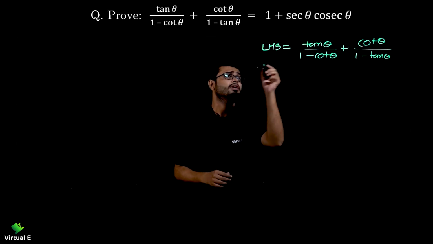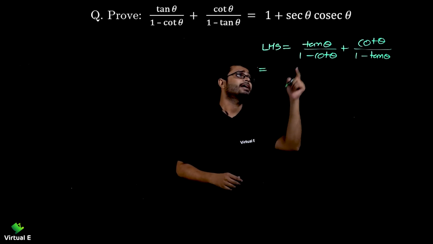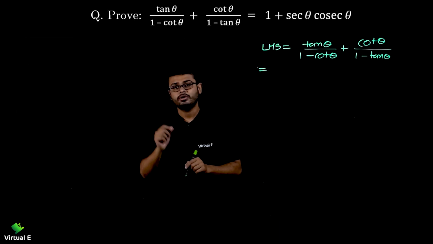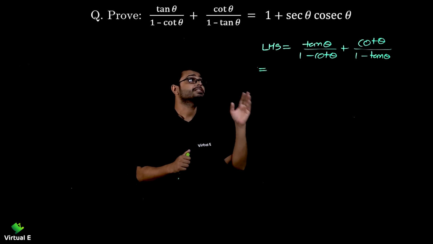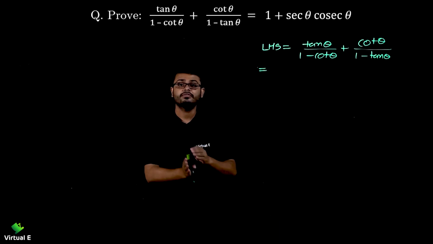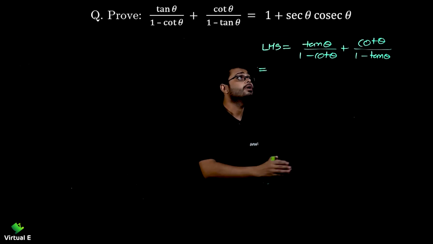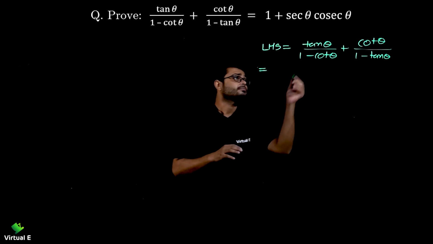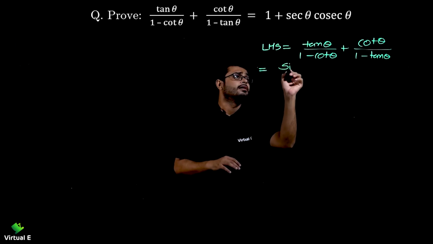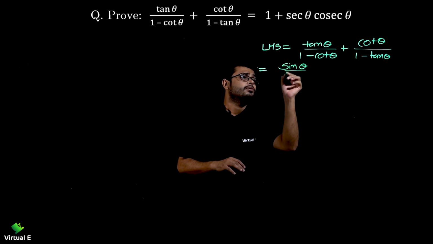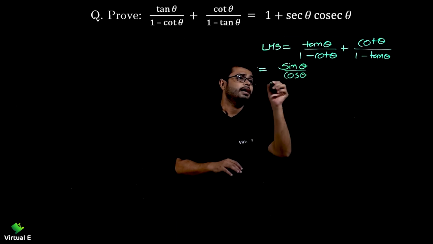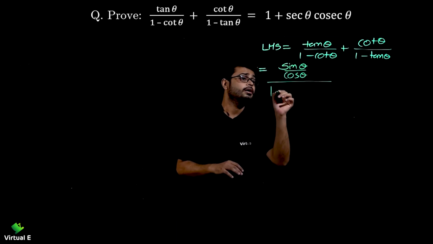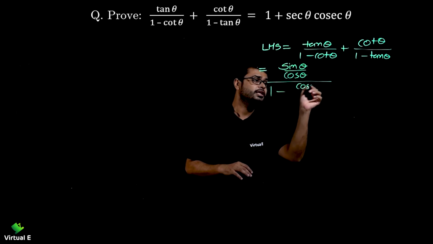So first of all, I am going to convert this tan theta in the form of sine and cos. You can see on the RHS there is sec and cosec. So first we need to convert into sine and cos, and then that sine and cos I am going to convert into sec and cosec. So tan theta is equal to sine theta over cos theta, and denominator 1 minus cos theta over sine theta.